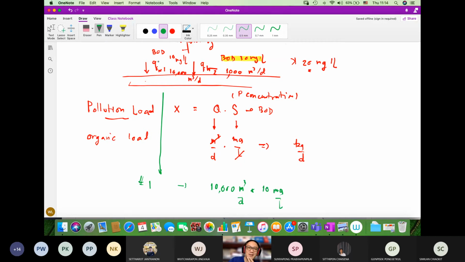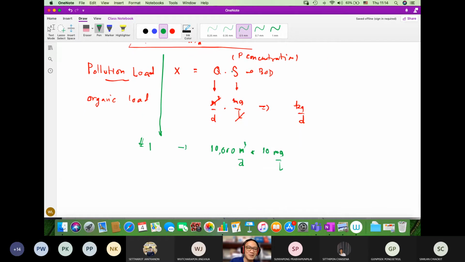So the quality of the discharged water of the first industry seems to be better than the second industry, which actually violates the law. But if you look into the pollution load that they discharge into the environment, what will happen here? Can you convert this amount into kilograms per day?